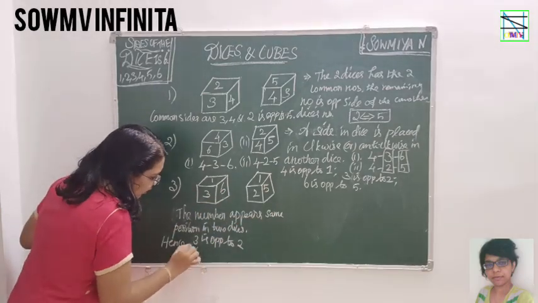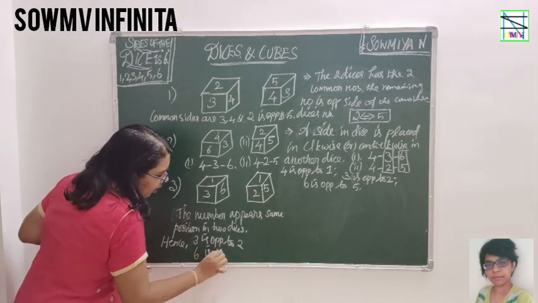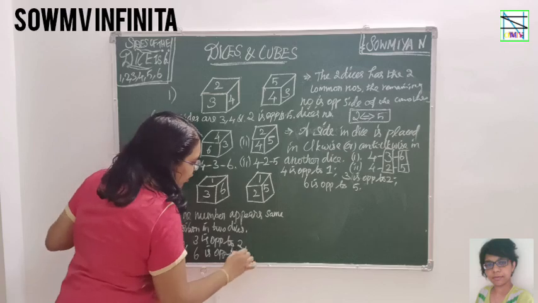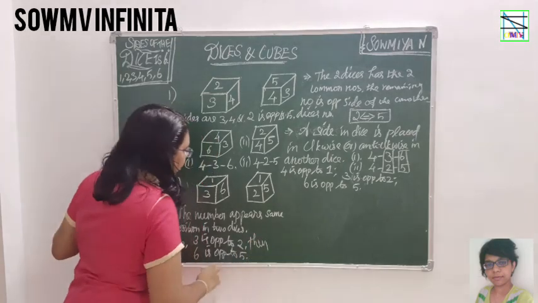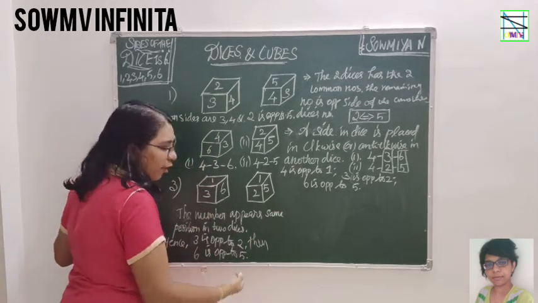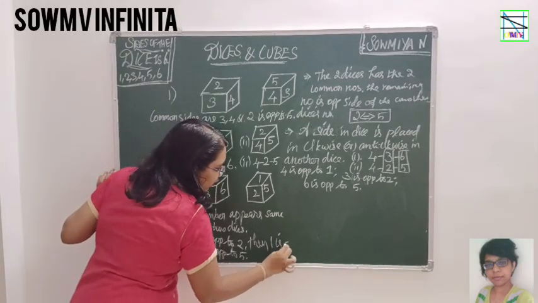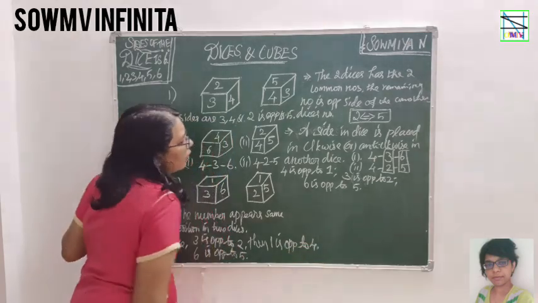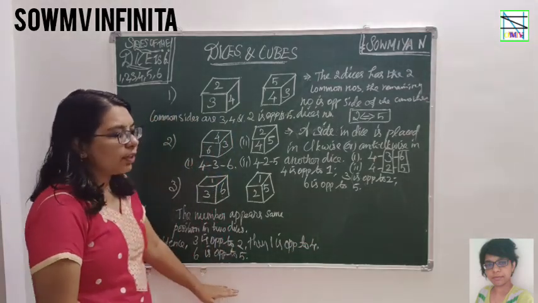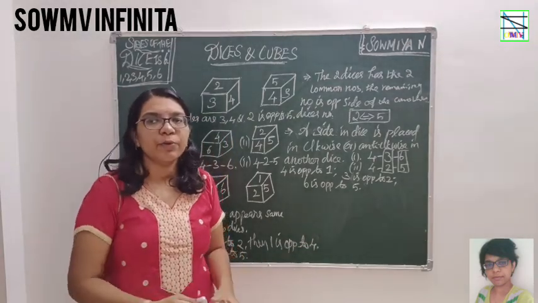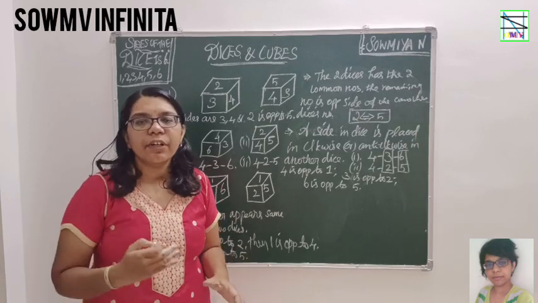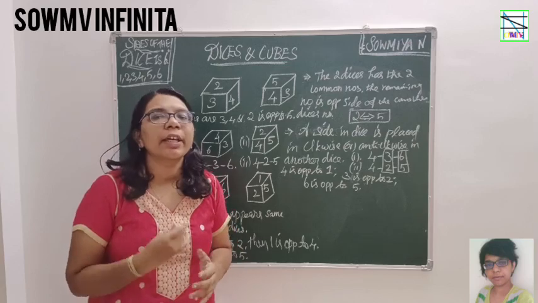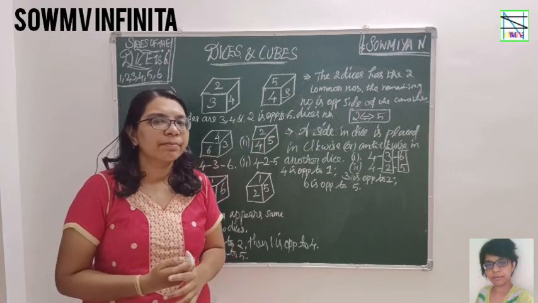Then 1 is opposite to 4. That's it. These are the three conditions we apply to solve the given problems related to dice and cubes. Okay, we can go for the problem.